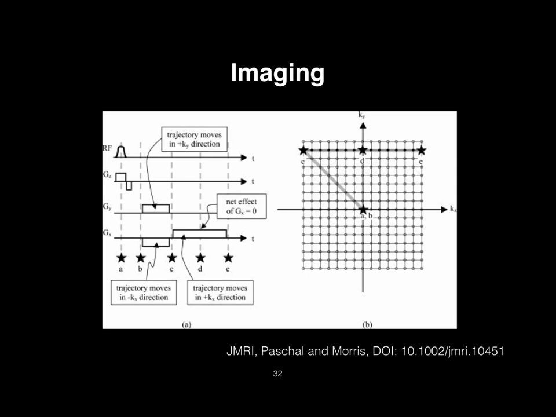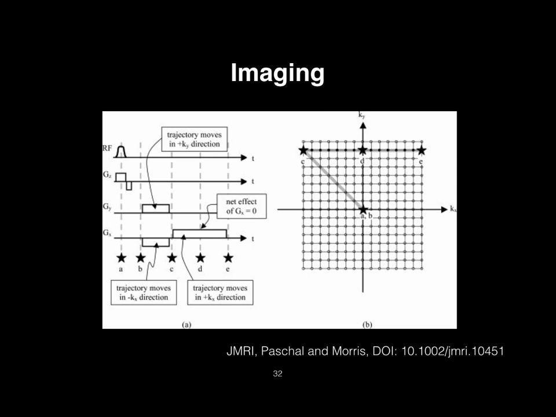You haven't applied any RF, you haven't put on any gradients. It's just your equilibrium state just laying there in the magnet. So when you excite with your slice selection and then your RF pulse, you don't move away from the center of the kx, ky plane.